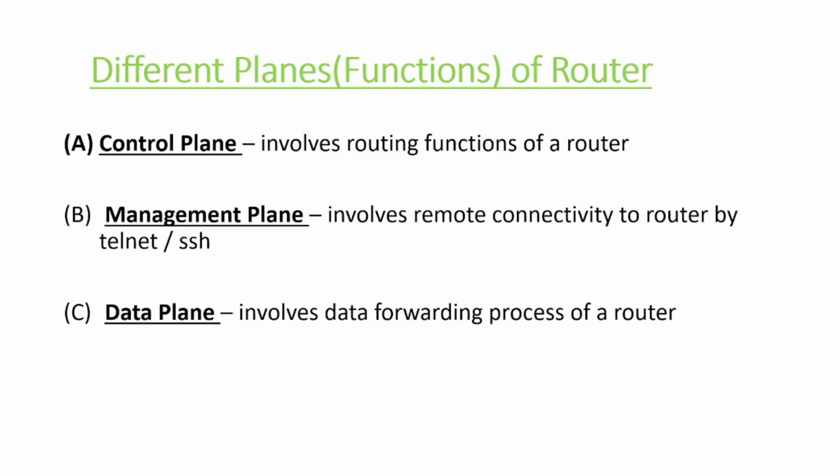Number one is the control plane, which involves the routing functions of a router, so the routing protocols run by the router are included in the control plane. Now the management plane: remote connectivity to a router by Telnet or SSH, when you connect to the router remotely, is done by the management plane. And the data plane is the data forwarding process, the normal data forwarding process of a router.